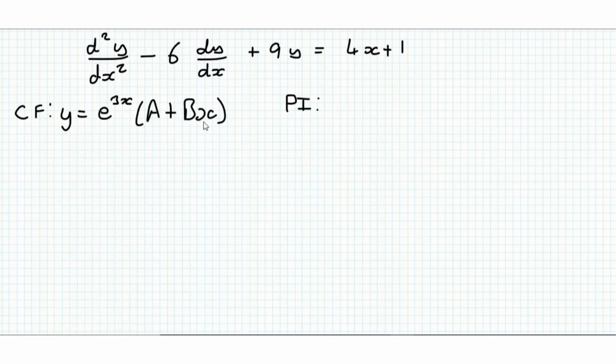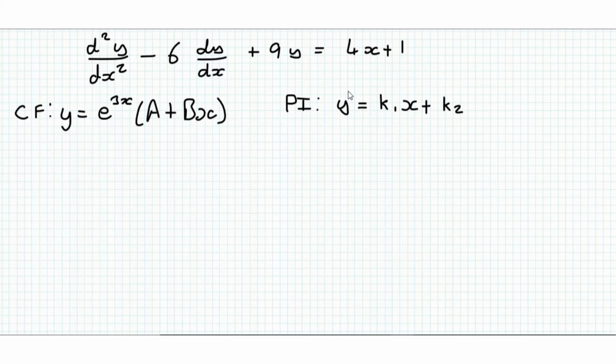Okay, so now a particular integral, well, this is in the form ax plus b, so we are going to trial y is equal to k1 x plus k2, and now we're going to substitute this into this equation to find the values of k1 and k2, which make this y a solution to this equation.